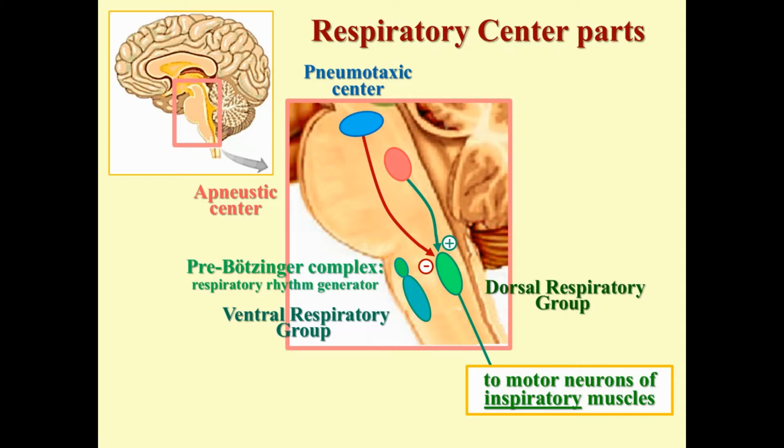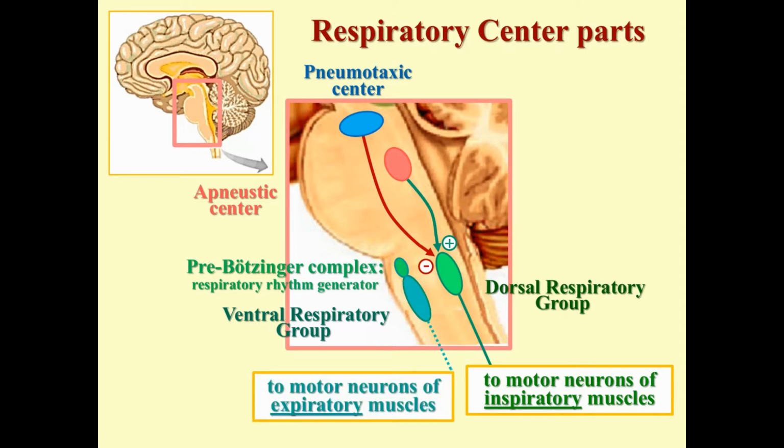But when respiration becomes more active, and the expiration process becomes active as well, the expiratory neurons of the ventral respiratory group may start to send impulses also down to the spinal cord to the motor neurons of expiratory muscles, thus stimulating the expiration process.